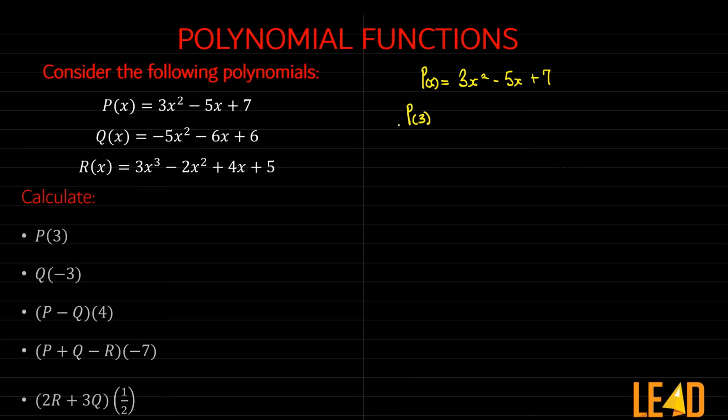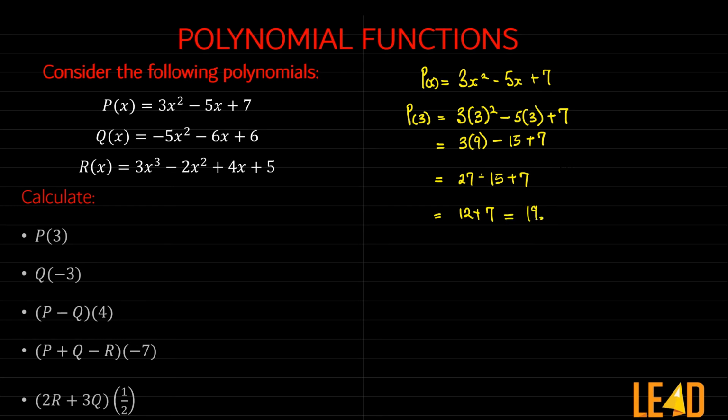So we are trying to figure out the value of p, whatever p is, when x is 3. 3 brackets 3 squared minus 5 times 3 plus 7, which would be 3 times 9 minus 15 plus 7, which would be 27 minus 15 plus 7, which would be 12 plus 7. That's 27 minus 15 is 12, plus 7 is 19. So p of 3 is equal to 19.